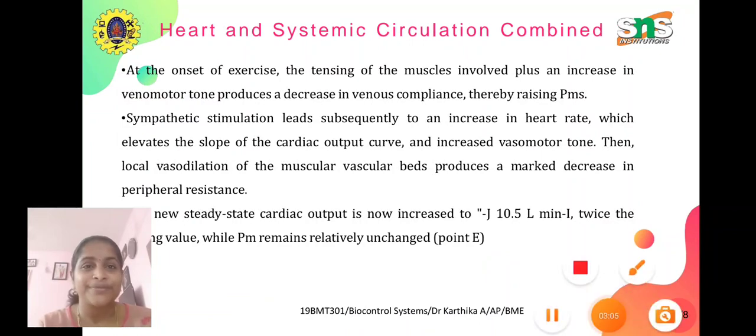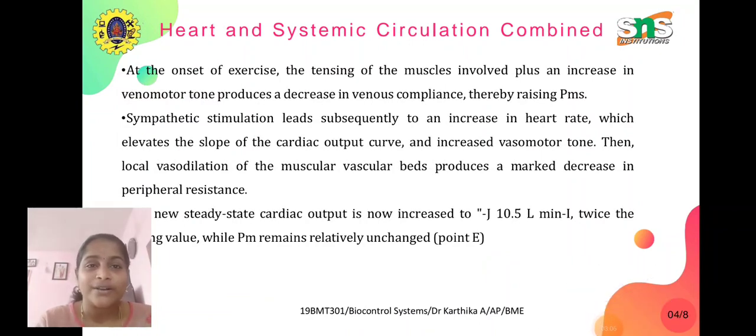Okay, at the onset of exercise, the tensing of the muscles involved plus an increase in venomotor tone produces a decrease in venous compliance, thereby raising PMs. Here, the sympathetic stimulation leads subsequently to an increase in heart rate, which elevates the slope of the cardiac output curve, and increased vasomotor tone.